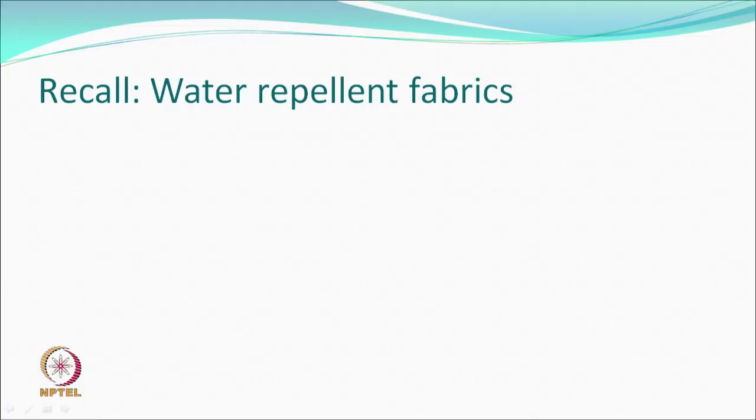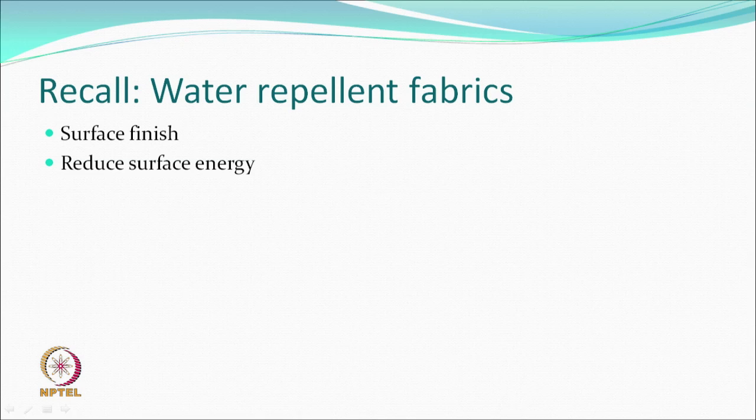Let us again recall as we are talking about repellent. So, we had done water repellent finishes to the fabrics, and what did we do? We treated their surface. We did not change their bulk, but treated their surface.